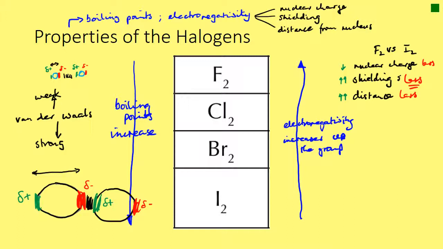If we had another fluorine molecule here, that negative cloud that's drawn in red would repel the electrons in this other molecule to the other side, and it would leave a small positive charge behind it.